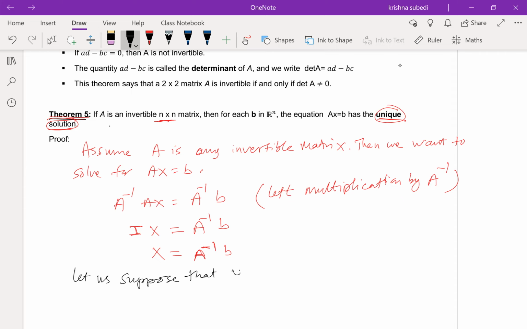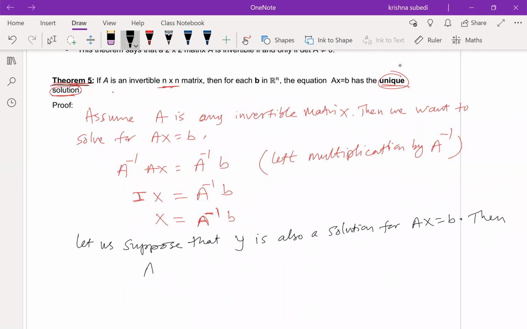Let us suppose that y is also a solution for the given system, for Ax equals b. Then what we can write is Ay equals b, if y is the solution.